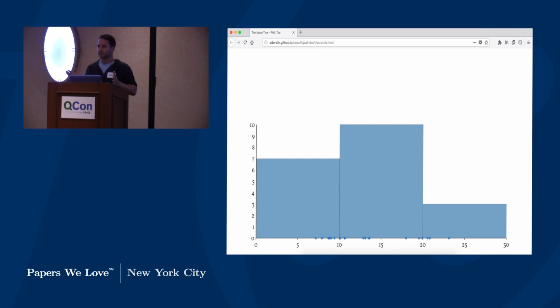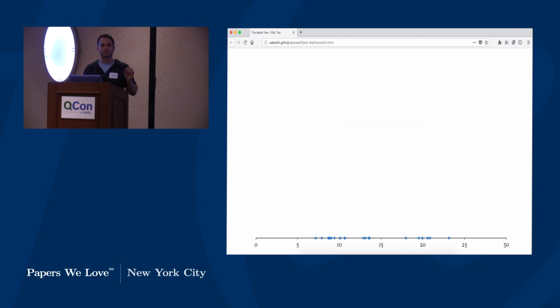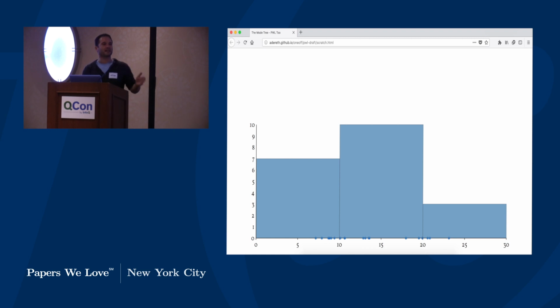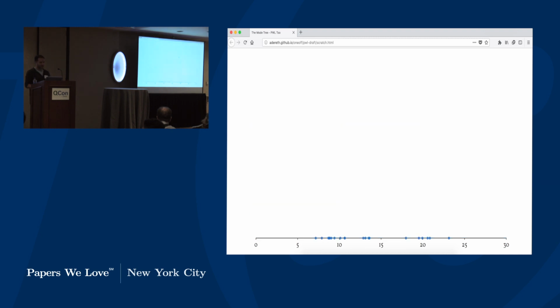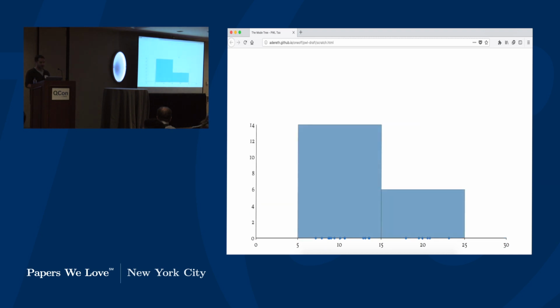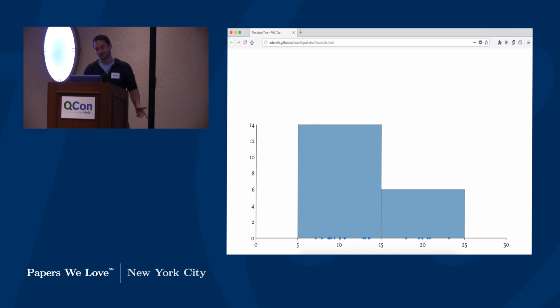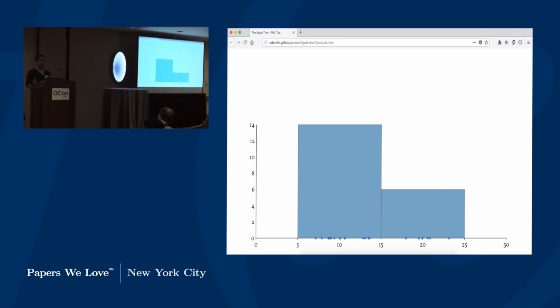Not only did I choose the bucket width, I also chose to have the buckets start at 0. I could have had the first bucket be centered at 0, in which case I would have gotten a different visual that looks like the data is concentrated in a different place. So it's sensitive not just to the bucket size, but also to the starting point of the buckets, and we get a different sense for where the data is concentrated.